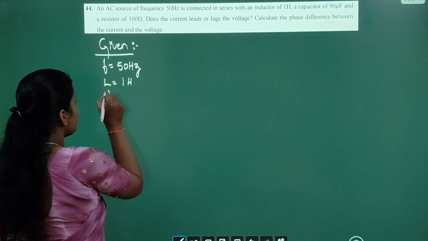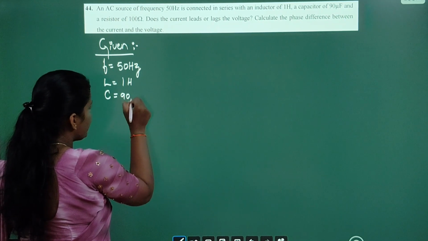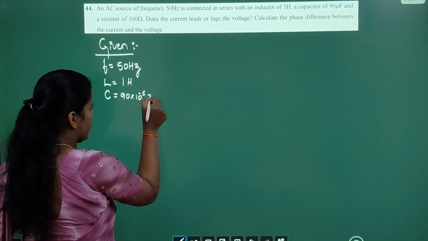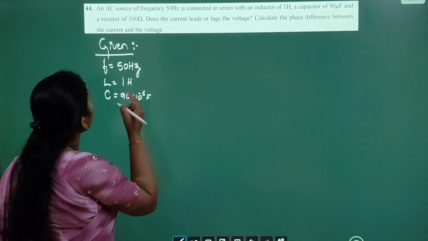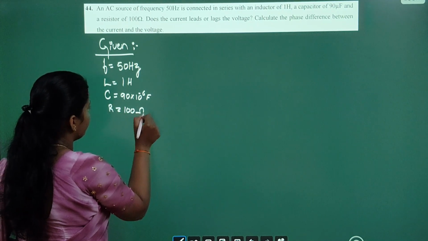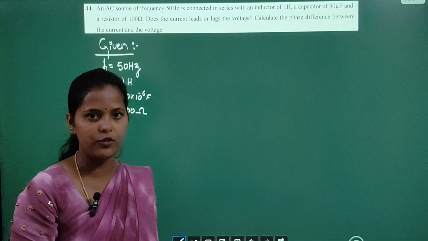The capacitor C is equal to 90 microfarad, and microfarad is 10 to the power of minus 6 farad. The resistor R is equal to 100 ohm. Does the current lead or lag the voltage? We have to find out.